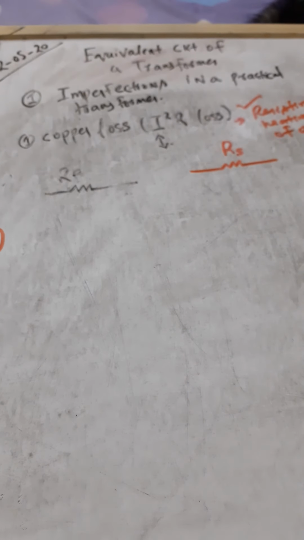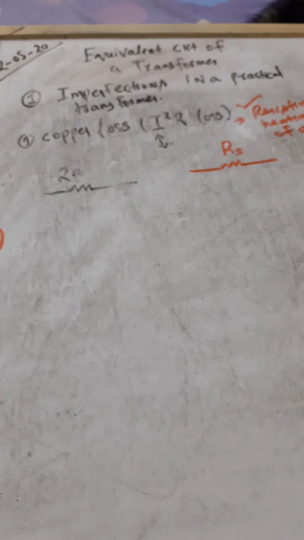The second point we have to clearly notice: we mentioned the copper losses, and what about the core? The core also has a certain amount of losses. These core losses are represented by the eddy current and the hysteresis losses. Eddy current losses are basically the resistive heating losses in the core of the transformer, and they are proportional to the square of the voltage applied to the transformer.